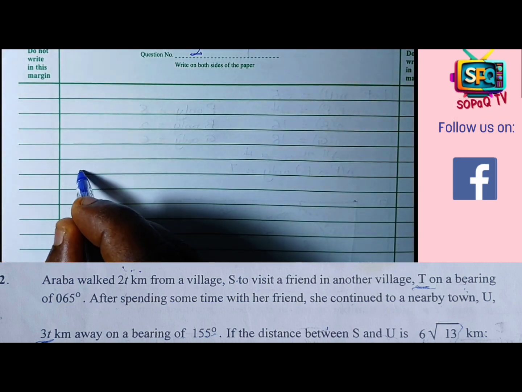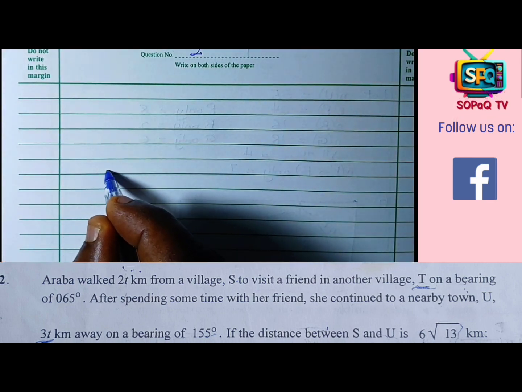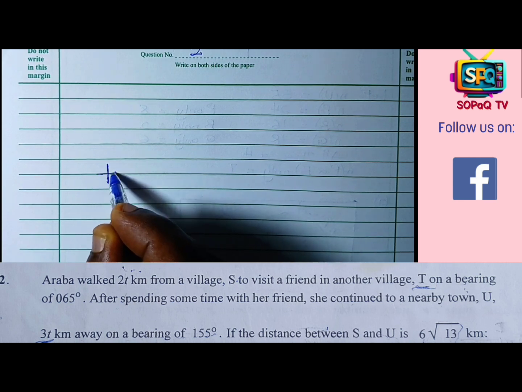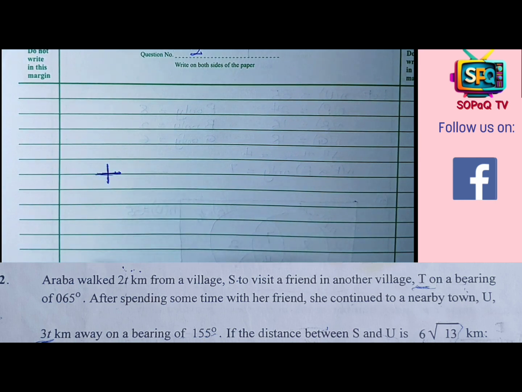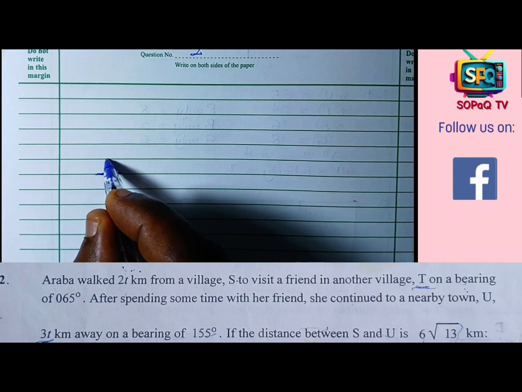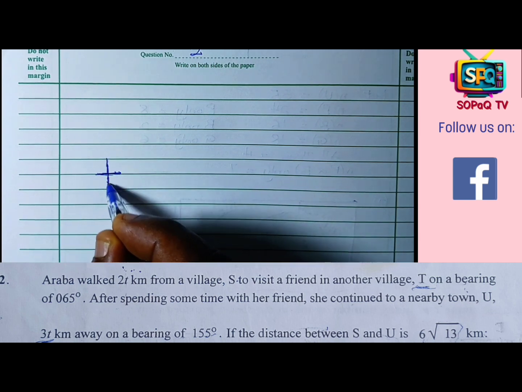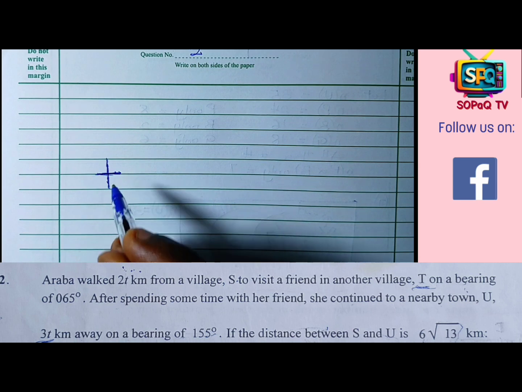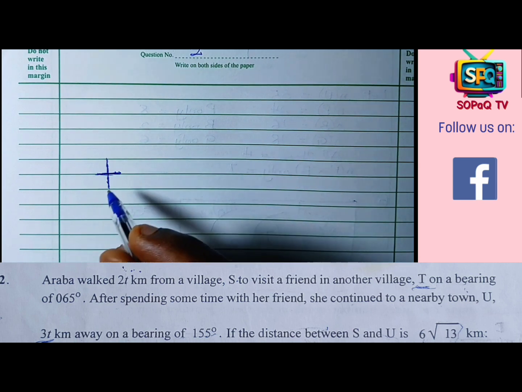Therefore, I need to bring it down a little, get a space for it here, so that I sketch my compass nicely. I want to show the 65 degrees direction on it. There's no need for you to draw it too big.